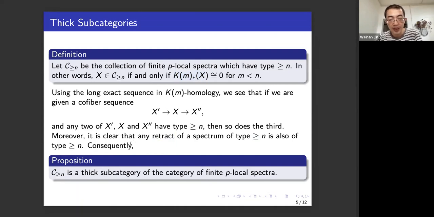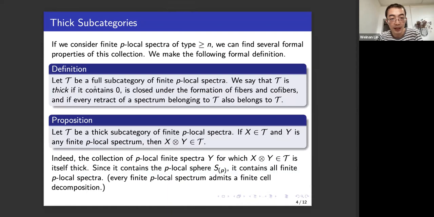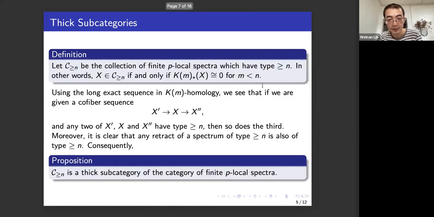Okay, so this means that it is thick. Remember that it obviously contains the trivial spectrum, the zero spectrum, and we just showed that C greater than or equal to N is closed under retracts and fibers and cofibers.